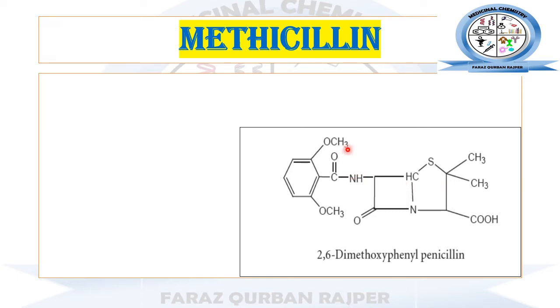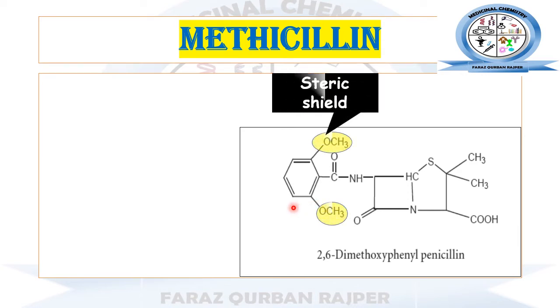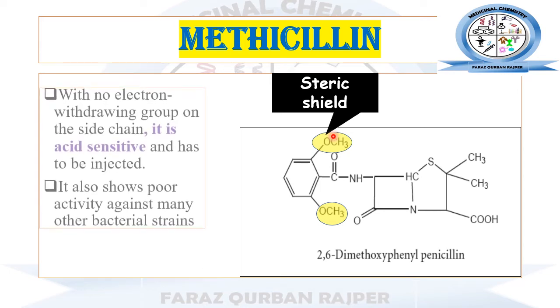The only difference is the presence of this 2,6-dimethoxyphenyl ring, and this bulky ring structure has imparted resistance in methicillin against the beta-lactamase, or what we call the penicillinase enzyme, because these dimethoxy functional groups act as a steric shield and prevent the attack of the beta-lactamase enzyme.